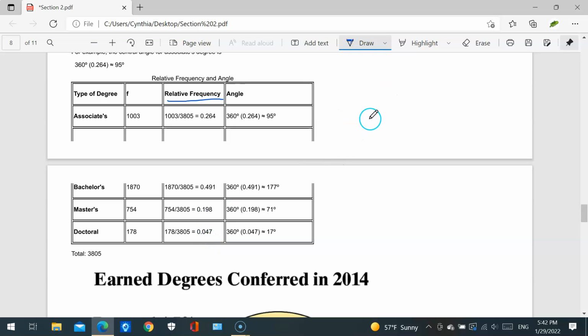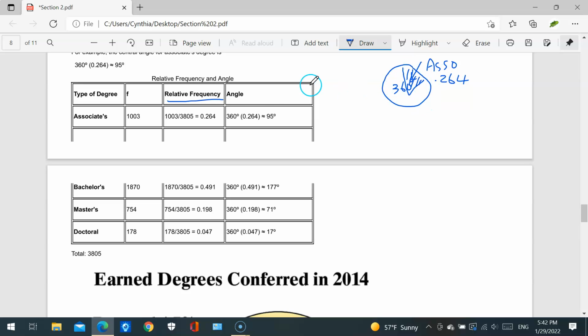Now, we want to find the area of the sector. A pie chart is a circle. The entire circle has 360 degrees. So in order to define a sector, if this is a sector representing the associate, it occupies 0.264 of the entire circle.